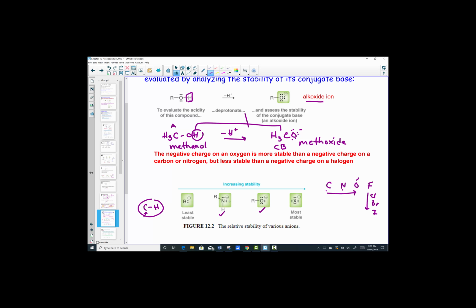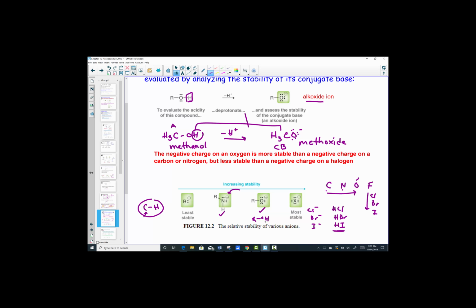The nitrogen, a little bit easier to remove a proton, but more likely they want to receive a proton. And then here, of course, the alkoxide anion, but the most stable would be, for example, your chloride, your bromide, your iodide in terms of their acidity. So that means that HCl, HBr, HI are stronger acids than we would have for an alcohol.